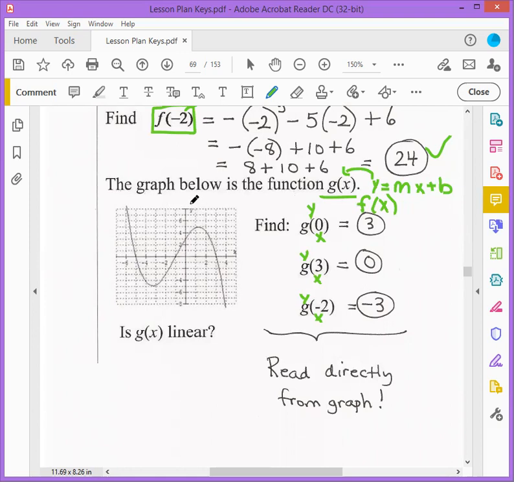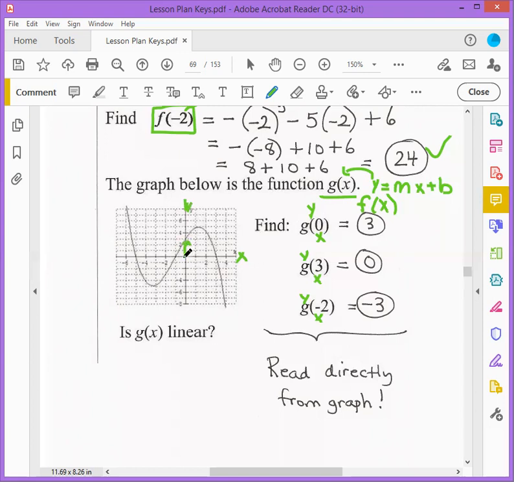Remember, your y-axis is the vertical line that runs up and down, and the x-axis is your horizontal line that runs left to right. So when we look for g of 0, we're going to go on the x-axis to 0, which will be here where our pencil is. And we want to know, what is the value of y? Where does this graph intersect that line when x is 0?